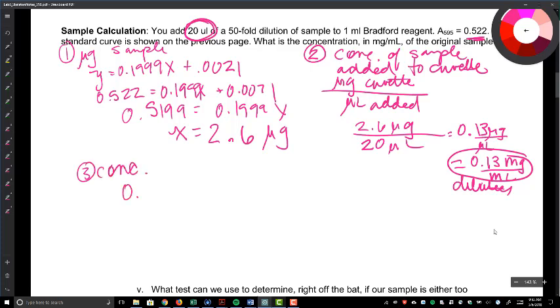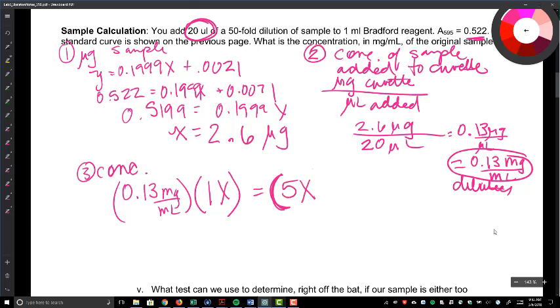If we have 0.13 mgs per mil, and that's our 1x, or our final concentration, and our original sample is 50 times as concentrated, what would the concentration of the 50-fold concentrated stock be?